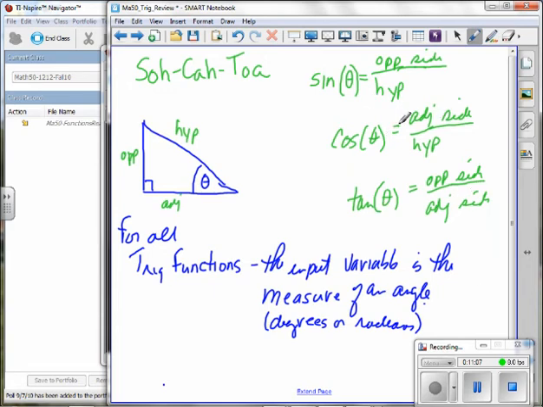These are known as ratios. So it's a ratio between two sides of a right triangle. The output of a trig function is going to be a ratio between two of the three sides of a right triangle. So let's put that in our notes here.